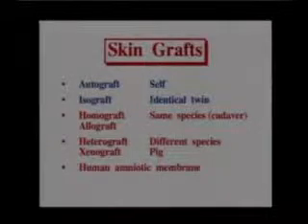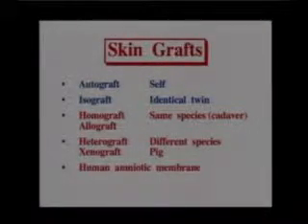Hetero means different, so a heterograft or a xenograft comes from a different species. Frequently, pig skin is used. Now, that's going to be temporary. And sometimes human amniotic membrane is also used as a temporary covering. The only one of these grafts that's going to be permanent is your autograft, or possibly your isograft if that was done, but we said that's not very common.